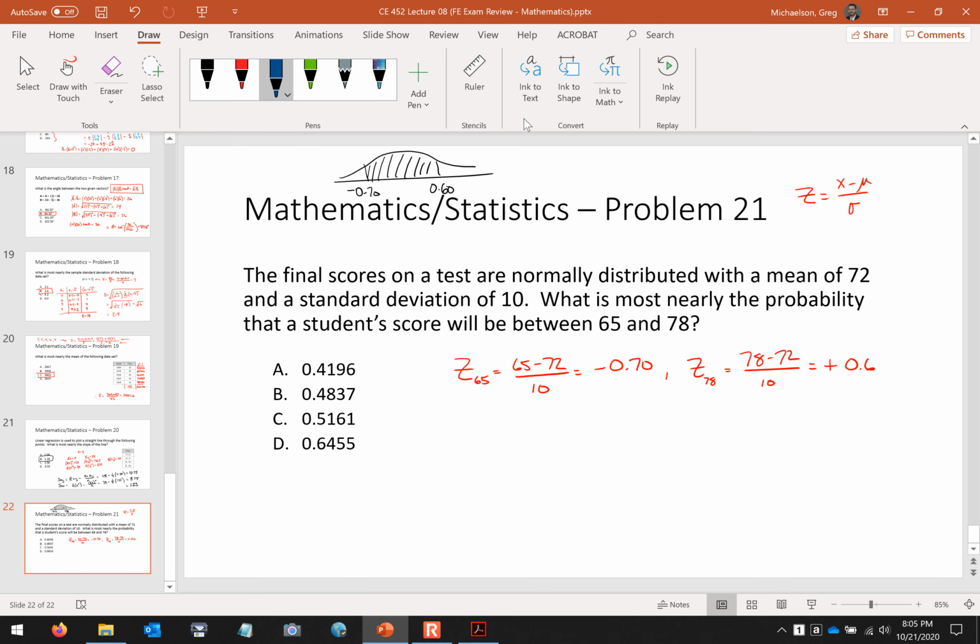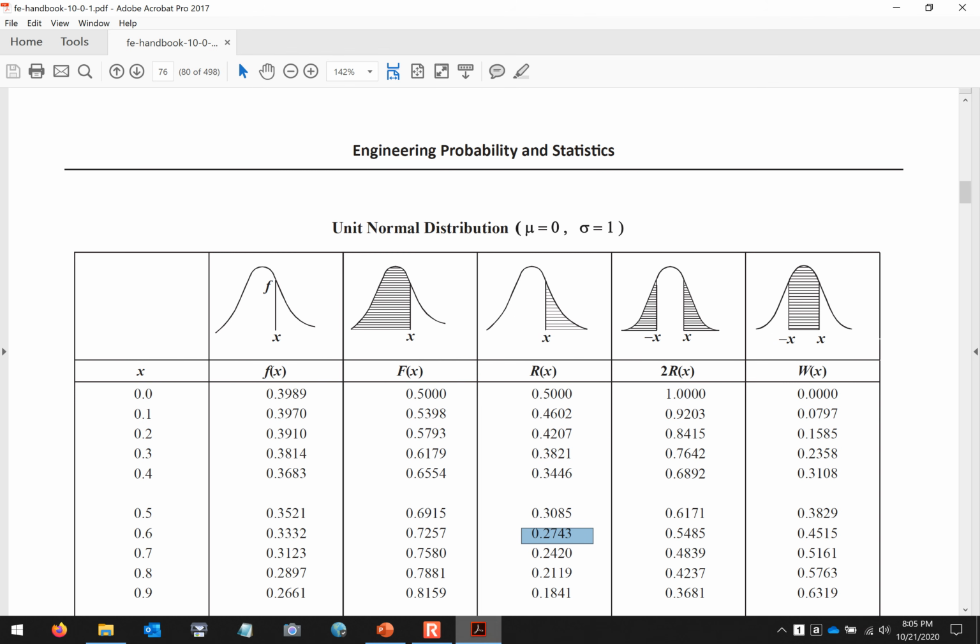See, what we're doing here is, let's say this is right here, this is 0.7. If I determine that area, that's F of 0.7 according to the notation the manual is using, which is this capital F, right there.